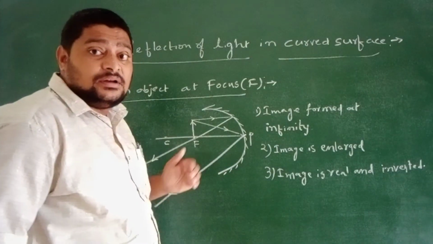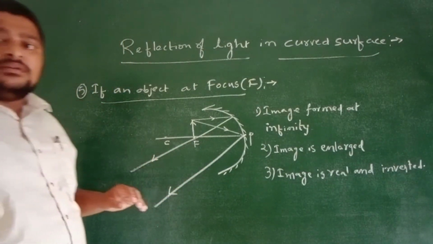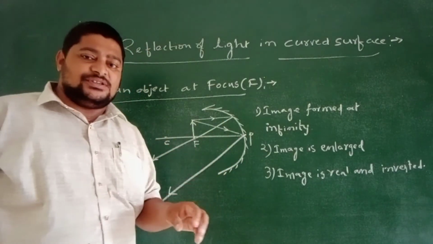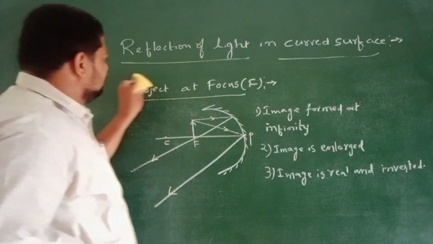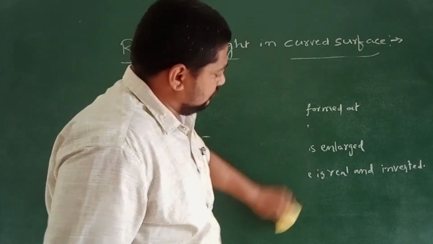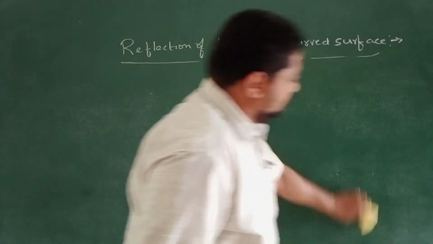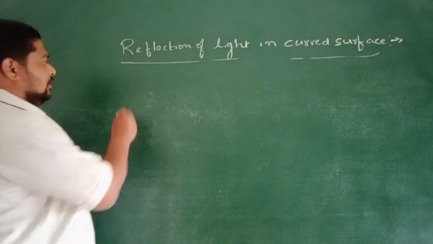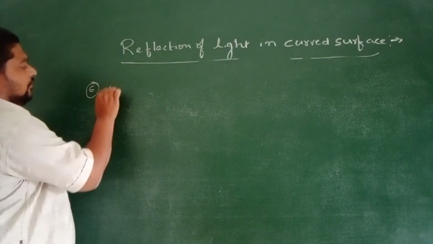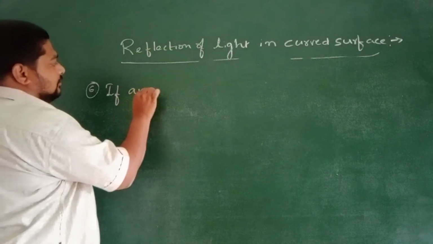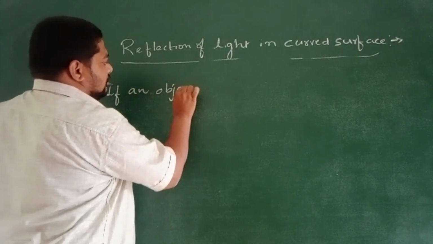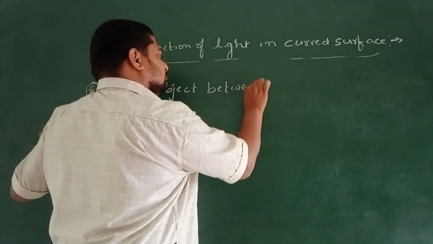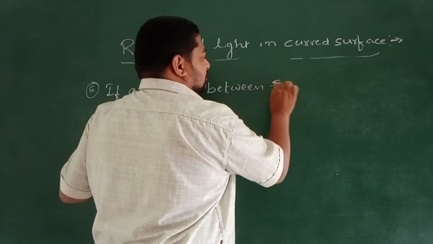Now next, that is the last case. If an object is between focus and pole, what is the nature of the image? Sixth case, if an object is between focus and pole.